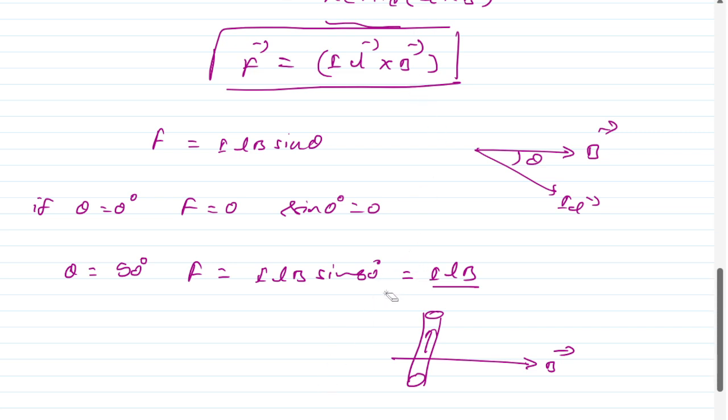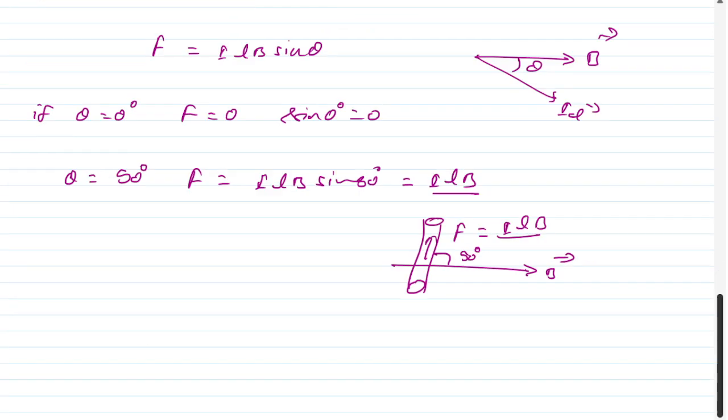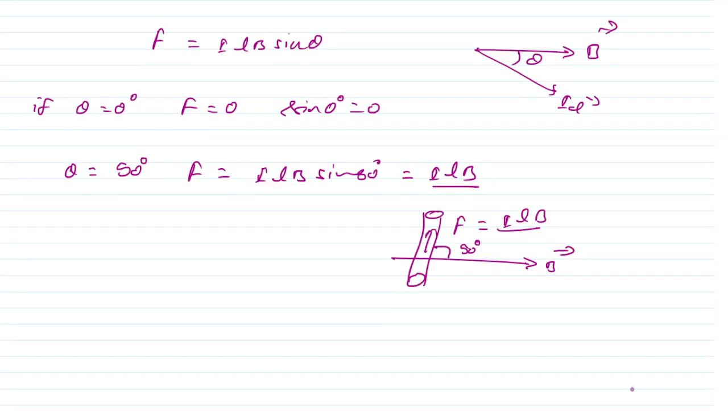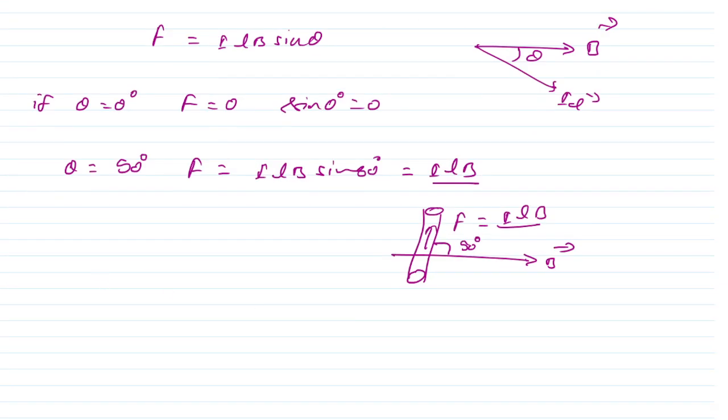So the maximum force on this conductor will be ILB. Depending on the angle of placement of the conductor with respect to the magnetic field, the magnitude of force will vary and the direction will also vary.